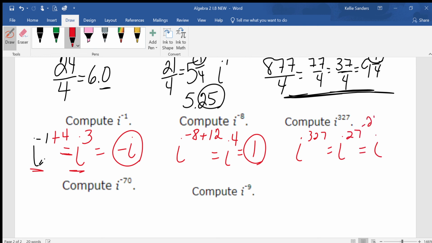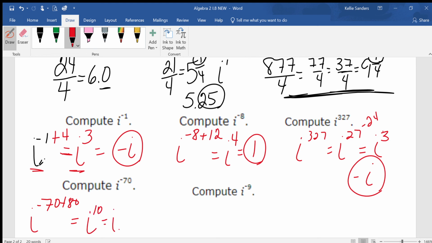If I take 24, because 4 goes into 24, it would be i to the 3rd, which would be negative i. i to the negative 70, I'm going to add 80, because 4 goes into 80, and 80 is a really easy number to work with. 80 minus 70 is 10, and now I'm going to subtract 8 and get i squared, which is negative 1.